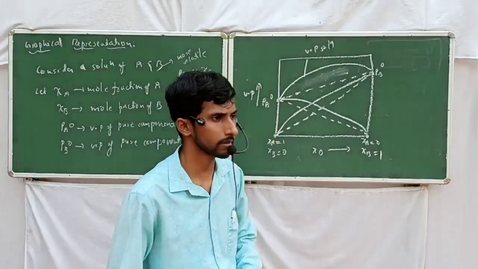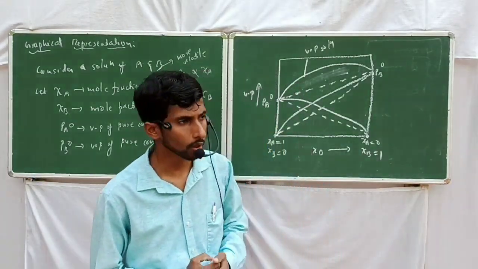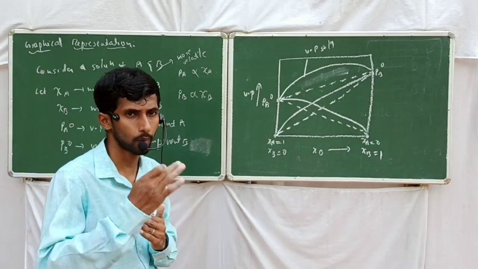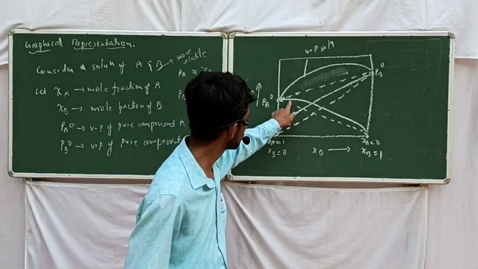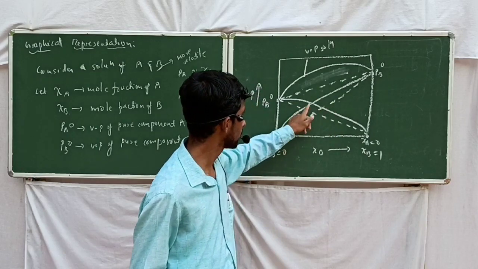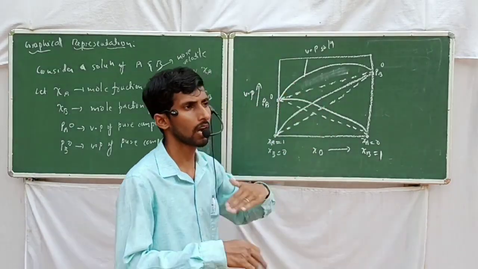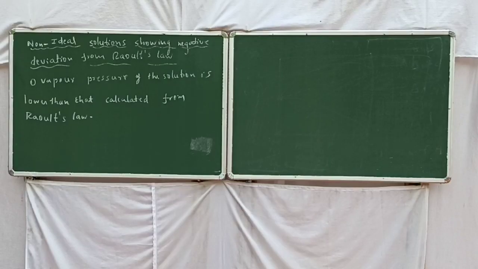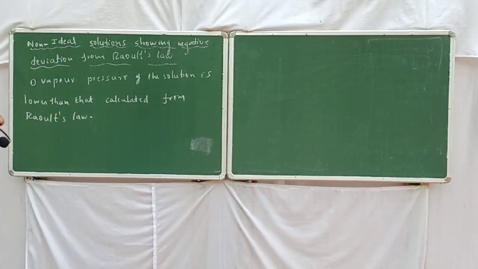This is the graphical representation of a non-ideal solution showing positive deviation. So now it is clear what the meaning of positive deviation is: the vapor pressure of the components and solution is higher than that calculated from Raoult's law.